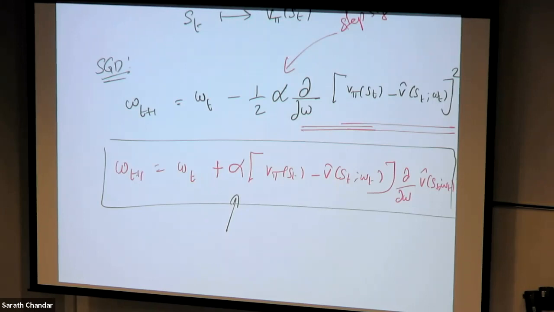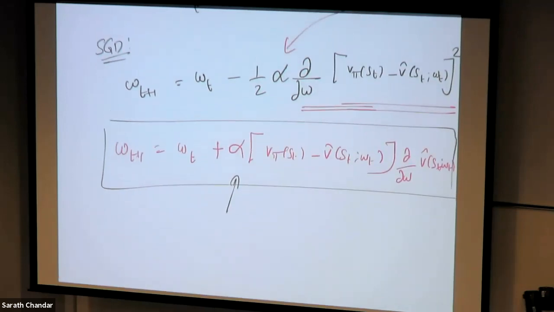You take a fraction of step towards whatever is the right value function for this state, and you similarly do that for all the states. So on an average, your error is going to go down. Is that clear? Now, the final question is, how am I going to implement this? I don't have access to V pi of st. So this is where which family of algorithm you're using comes into picture.